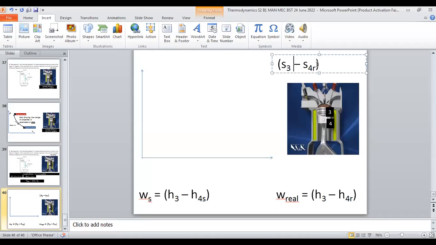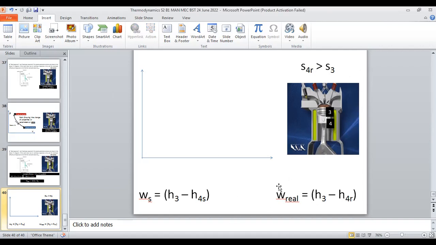So S4 real always means during the expansion, this entropy increases. Now you have to drill what entropy means, we have discussed today. Okay. Later we will try to calculate these 4 values, don't worry.